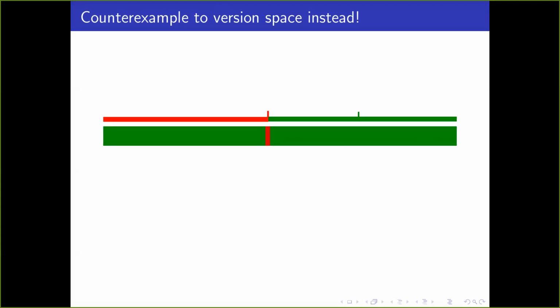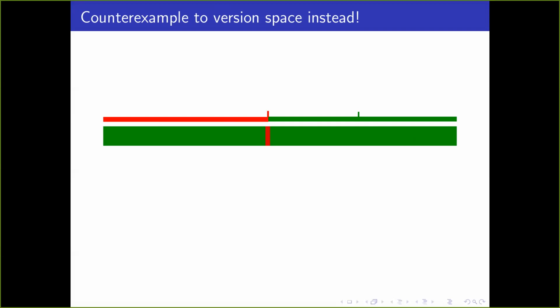Right? And now the next more complex set of classifiers will be maybe something which is a threshold function, right? So we'll have red to the left, and then we'll have green. And this is one example classifier from that space.